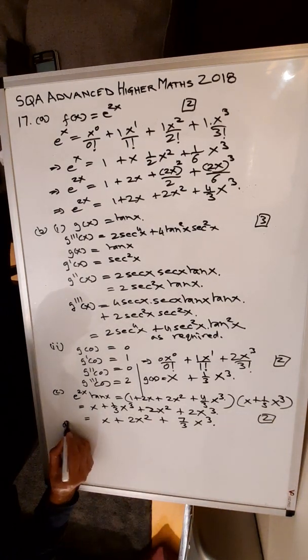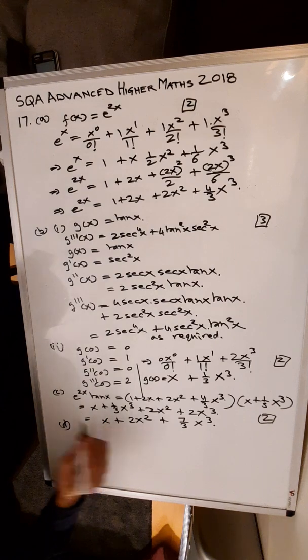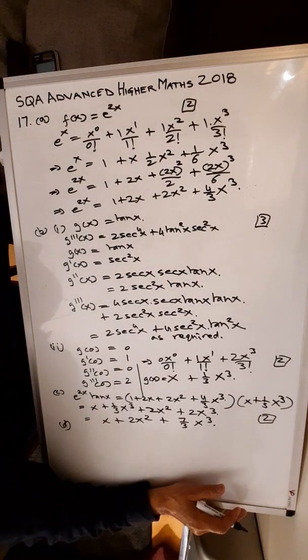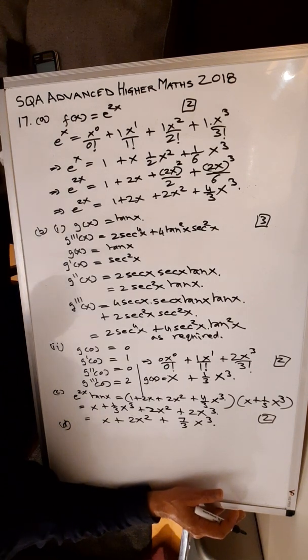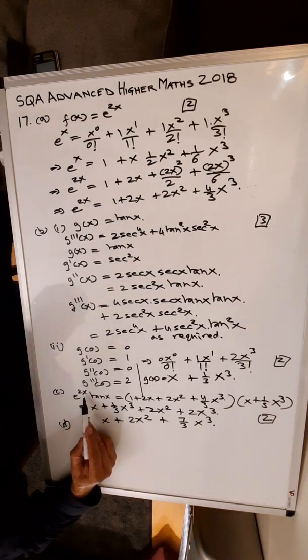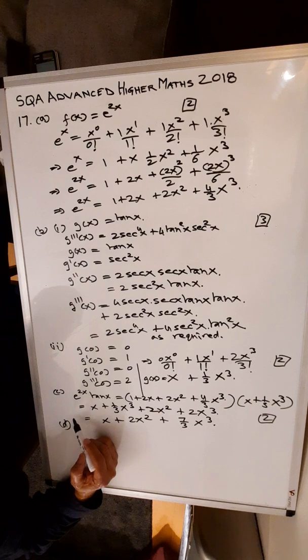Now you're on to the last part, D. Write down the first 3 non-zero terms in the Maclaurin expansion of 2e to the 2x tan x plus e to the 2x sec squared x. So that is just the differential of this, which would give you what they've got there.